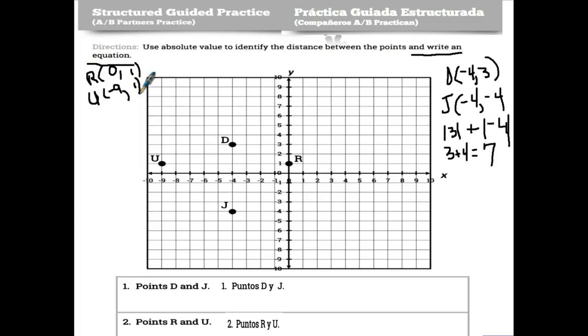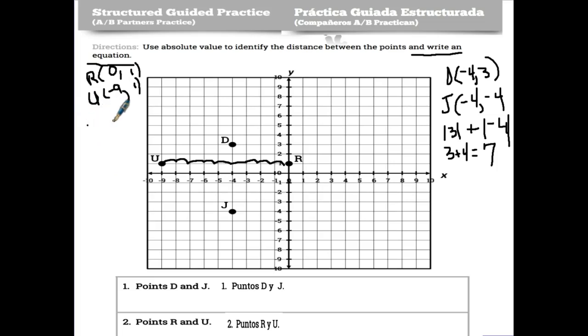So I notice that my y coordinates do not change. So I know I need to find the distance for my x coordinates. And first, I'm going to count the distance here, starting at U and counting to R. And there's 1, 2, 3, 4, 5, 6, 7, 8, 9. I have a distance of 9 spaces.